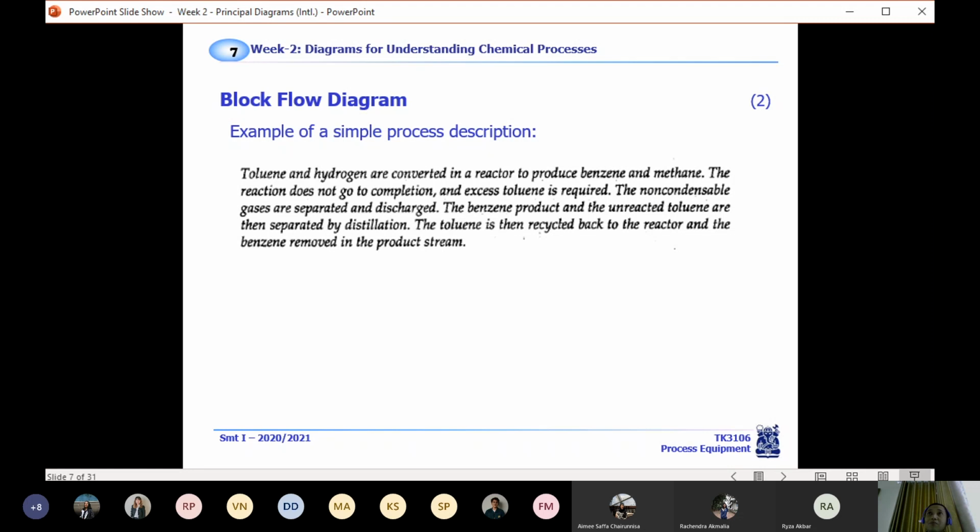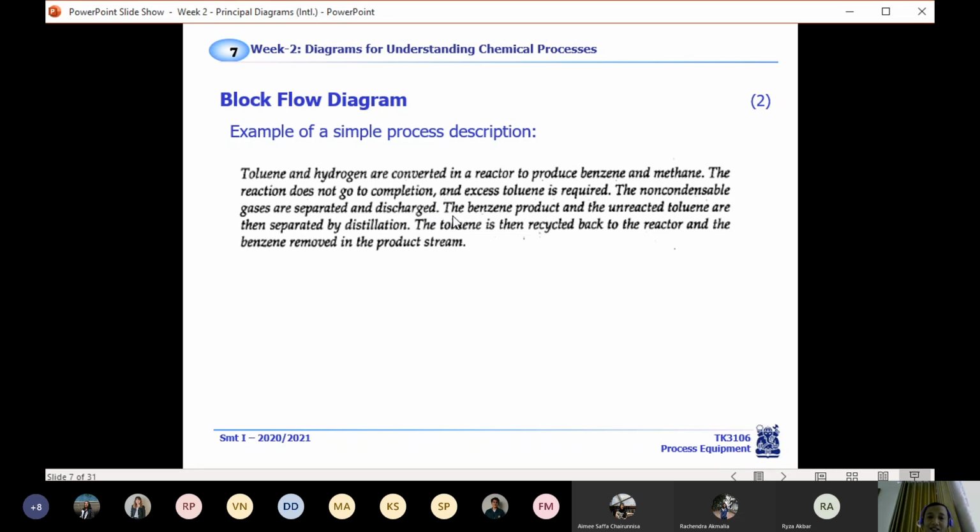Actually, it is also possible to condense hydrogen and methane, but it takes very low temperatures. For example, for methane at atmospheric pressure, you require minus 160 or minus 155 degrees C, very low. So that's why we sometimes call this gas non-condensable gas.